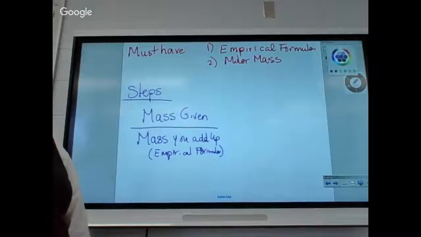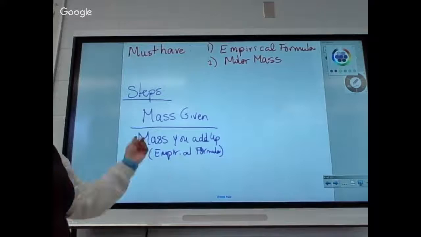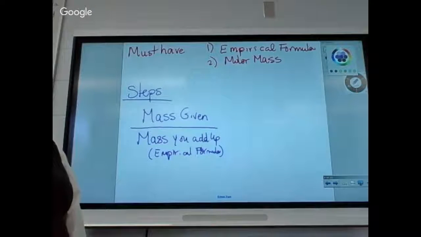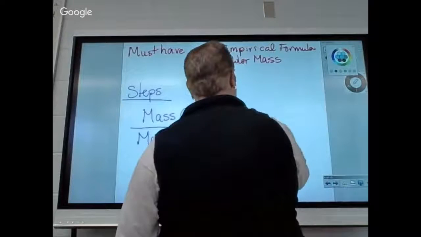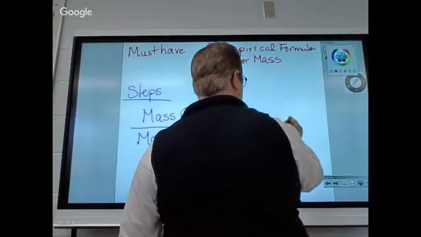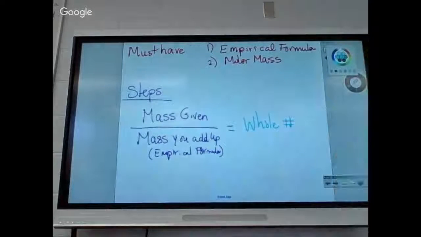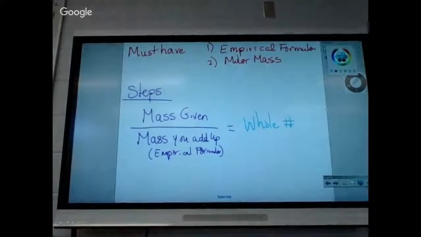You're going to divide it by the mass that you add up from the empirical formula. Now, when you do this, you're going to get a whole number. When I say a whole number, I mean 1, 2, 3, 4, 5, 6, 7. If you don't get a whole number here, you have messed up. It can only be a whole number. If it's not, I would strongly recommend you recalculate or redo the problem because it's wrong. Okay?